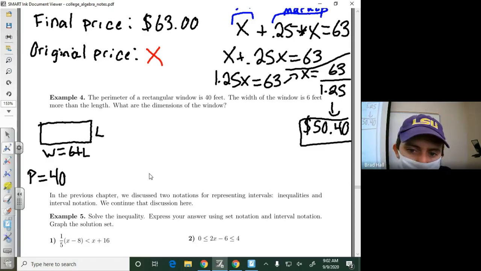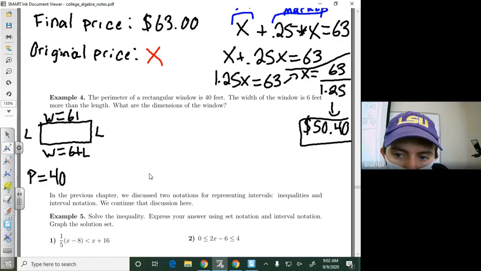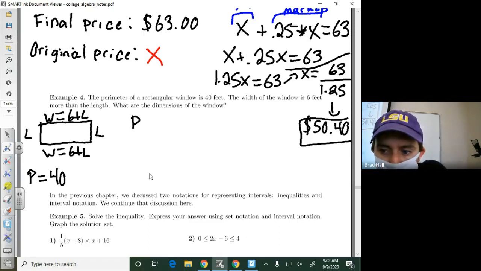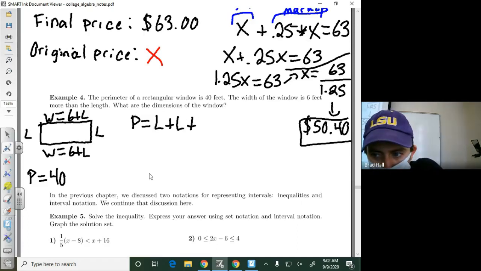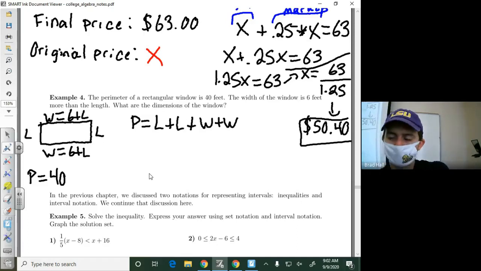So naturally, here's all the sides for the rectangle. We know that the width is 6 more than the length, and the length is something we don't know. So the perimeter is when you add all the sides together. So the perimeter would be if you added the length and the length again, and the width again, in general.